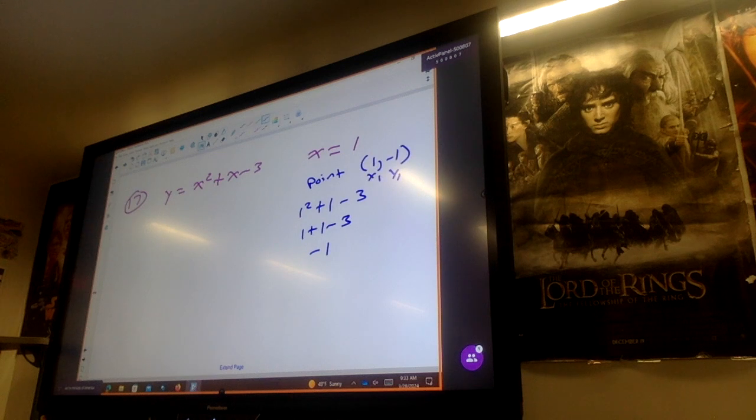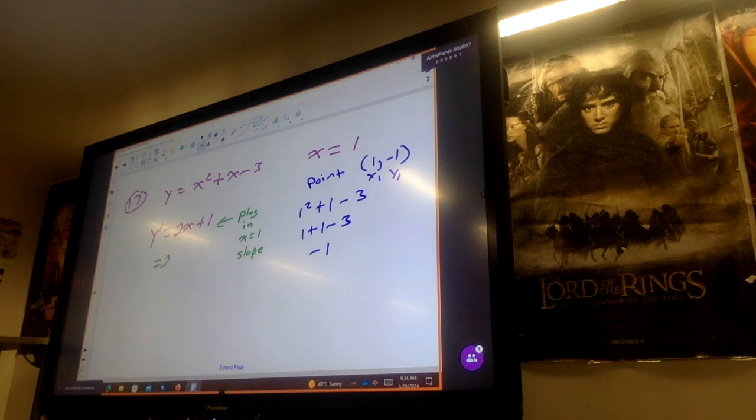Are we okay so far with that? Okay. What's next? Find the derivative. Good. So I'm going to get 2x plus 1. Does that find me my slope? No. How do I find my slope? Yeah. Plug in x equals 1 to get the slope.